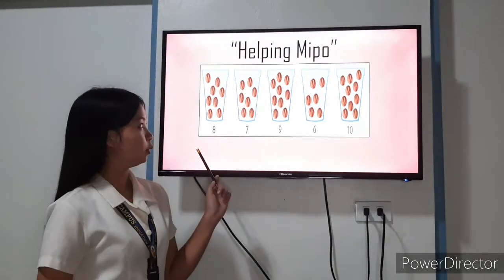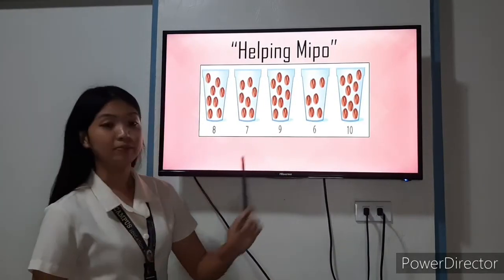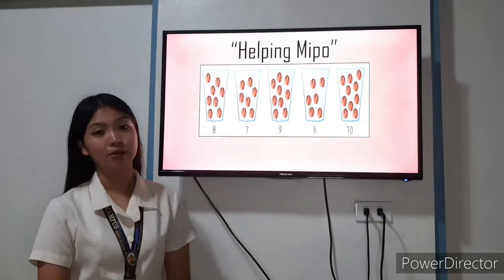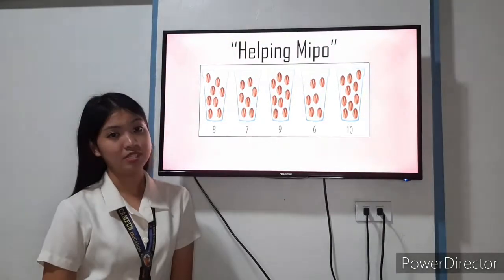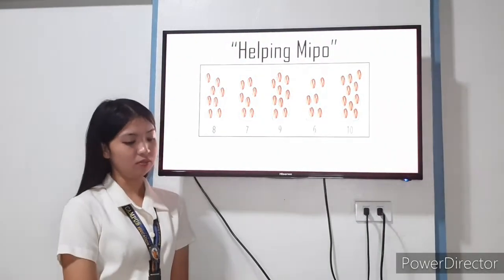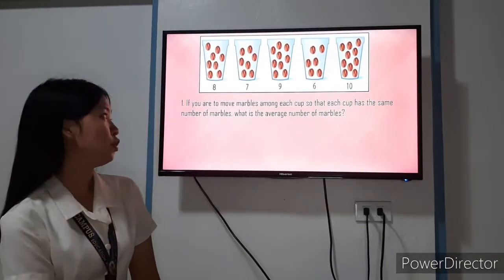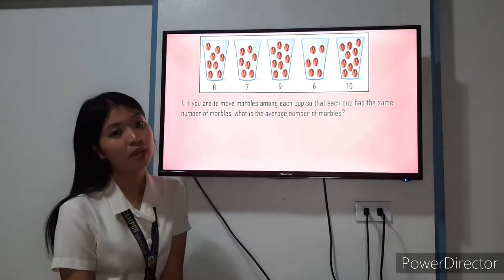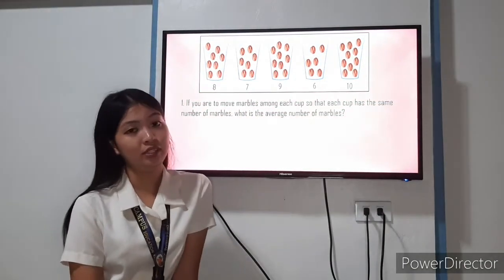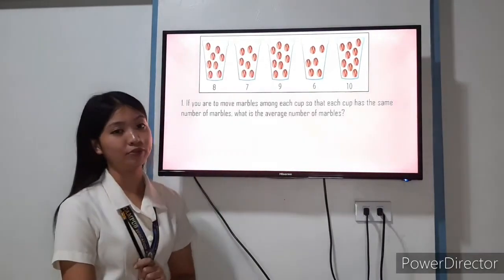Mipo's assignment contains 5 cups with different quantities of marbles inside them. So, the questions are: if you are to move marbles among each cup so that each cup has the same quantity of marbles inside, what is the average number?